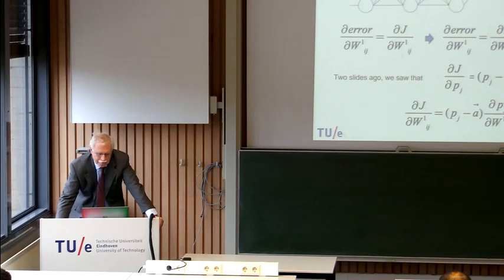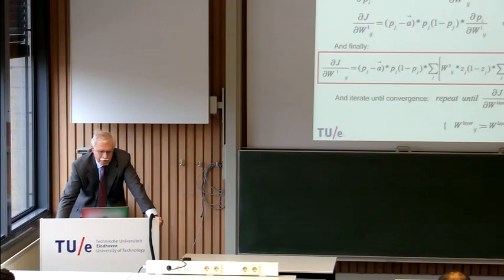So I take dj, dw. But you can say, well, I actually have the chain rule, so that is dj, dp, dp, dw. So I first go past this one. You take the derivative to p, p minus a. So now you get the dj, dw1 is p minus a times dp, dw. You can do this layer by layer.